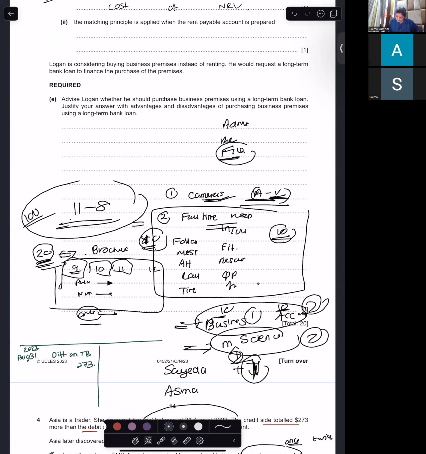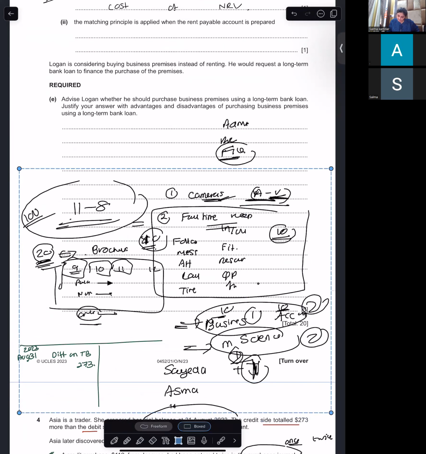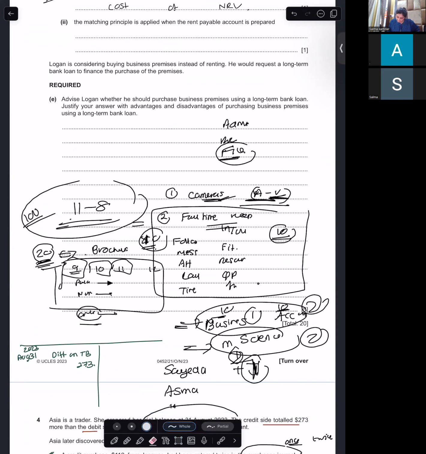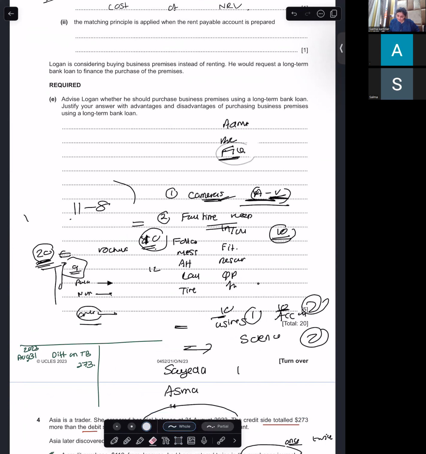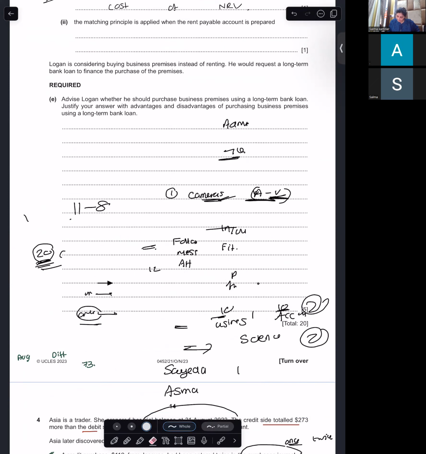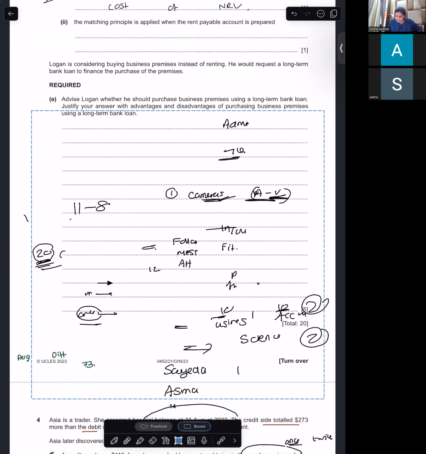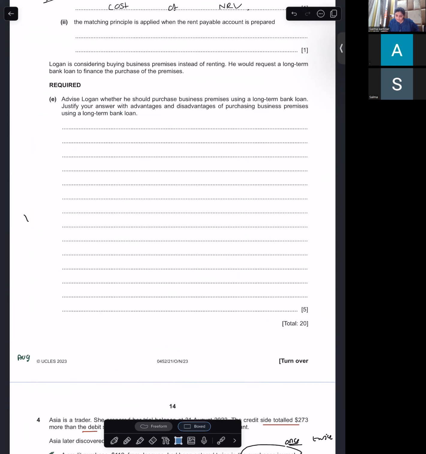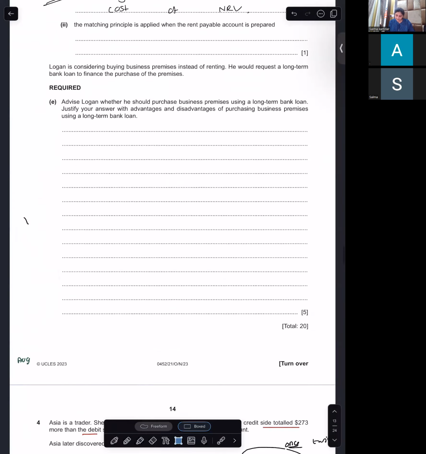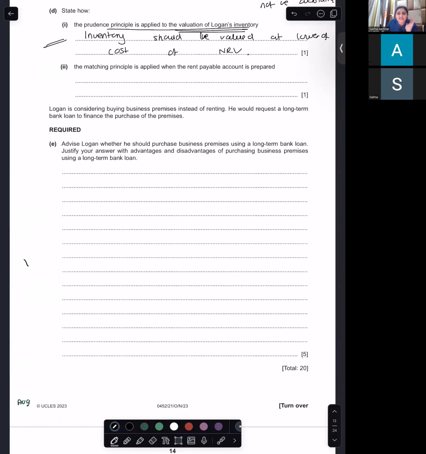The matching principle is applied when the rent payable account is prepared. Tell. So the matching principle states that income for the year should be matched to the expense for the year to get profit for the year. So only the rent related to the current year is transferred to the income statement.